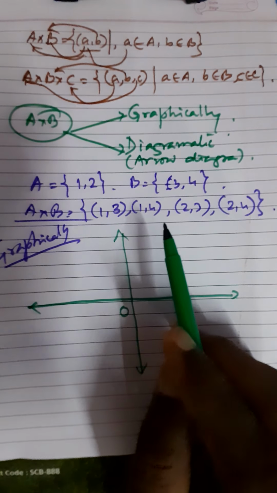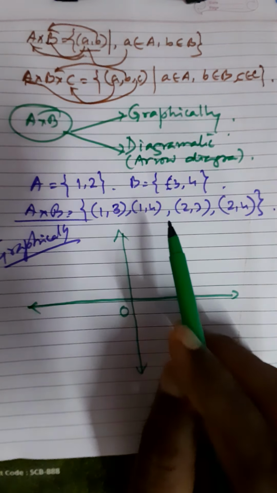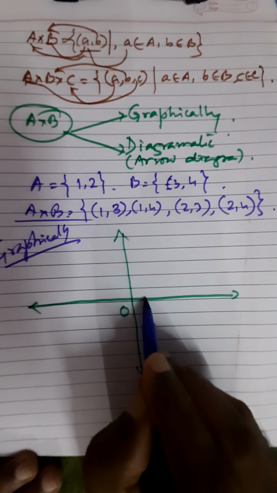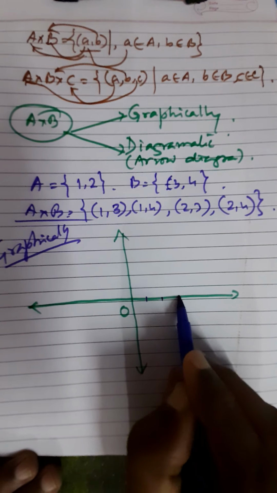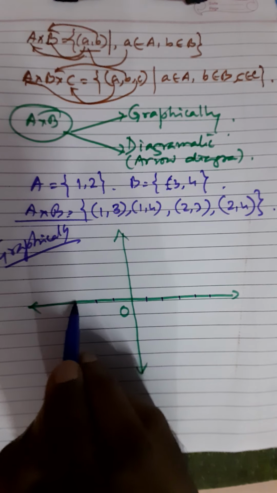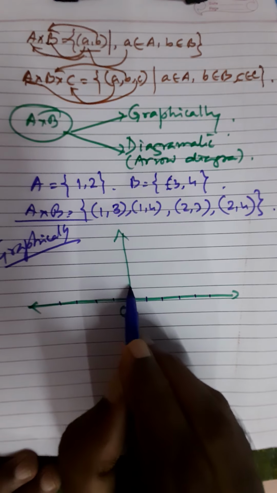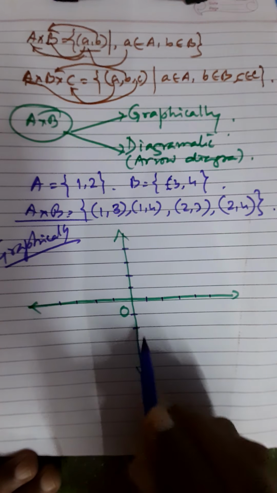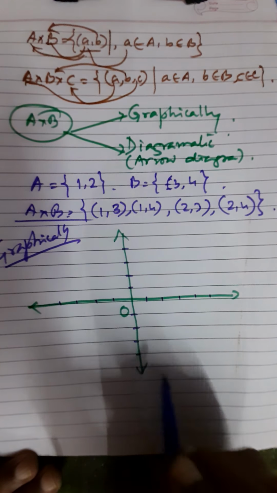We take the first value as the x coordinate and the second value as the y coordinate. First, mark the points equally on both axes. This is already there; I am just showing it roughly, not accurately, just for understanding.